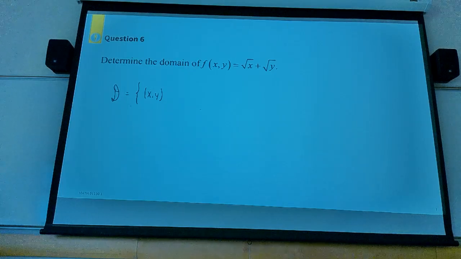Right, I say implied to be the real plane because you can have something like this too. C2. That's all ordered numbers x, y, where both x and y are complex. So that would then include the i's.